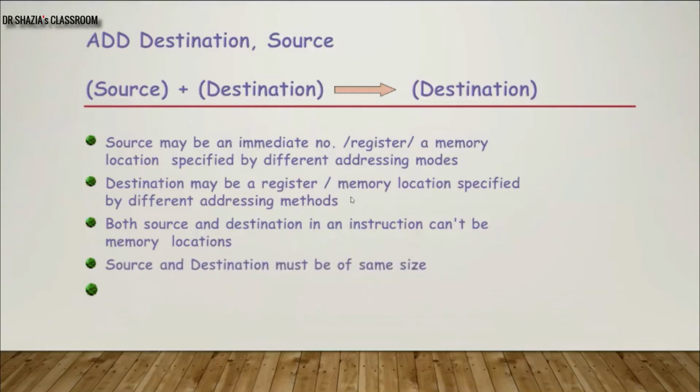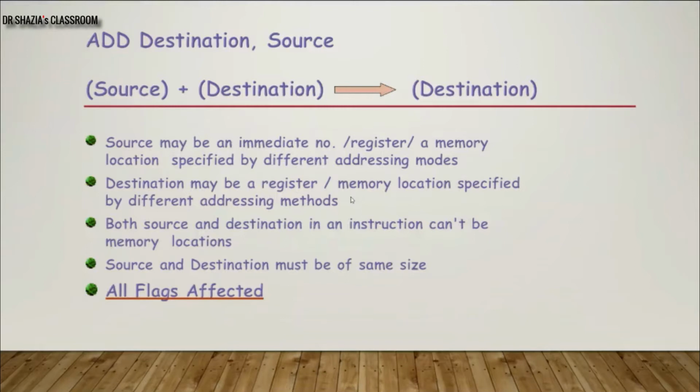Then source and destination must be of the same size. This is very important. I can add 8-bit data with another 8-bit data, or 16-bit data with another 16-bit data, or 32-bit data with another 32-bit data. So the size of your source and destination must be the same.